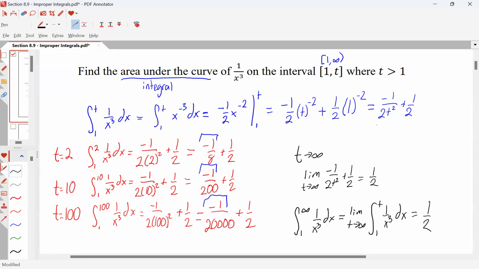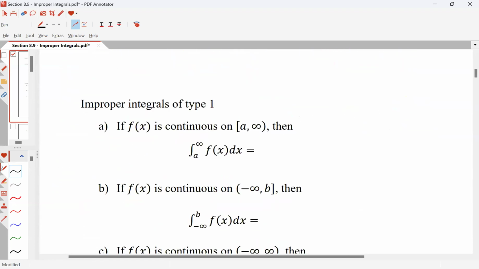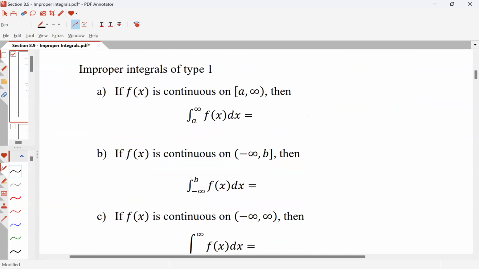This gives us a strategy for evaluating integrals where I have an infinity in a bound. So improper integrals of type 1 would be these functions. They're continuous from a to infinity, but we're going to infinity, or we might have a negative infinity.